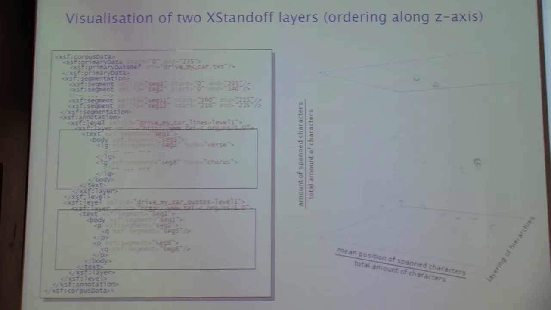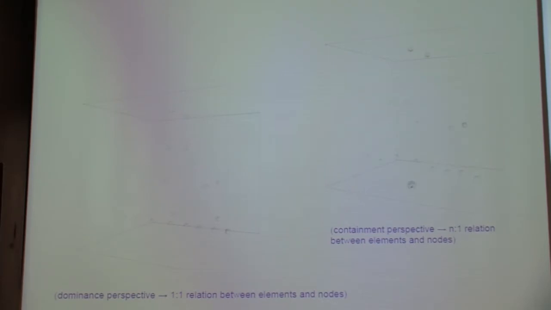So this node corresponds to two elements because both of them span the same primary data text. Here you see the difference between the two normalization methods. The first one is the dominance perspective, just focusing on the hierarchy of the annotations. The second one, the containment perspective, focusing on the spanned primary data text.